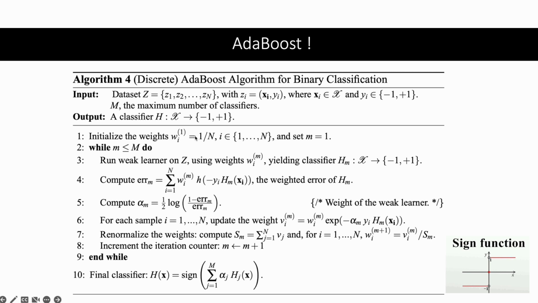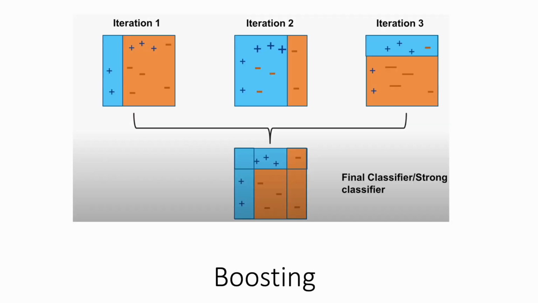What do you mean by initializing the weight? Now, friends, I was saying that each observation has a weight associated with it. When we initialize, what should be the probability of each individual observation being picked in the sample?